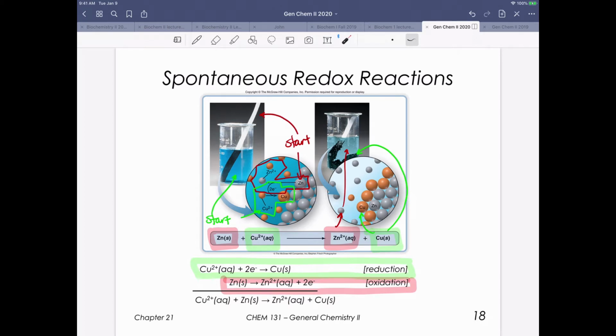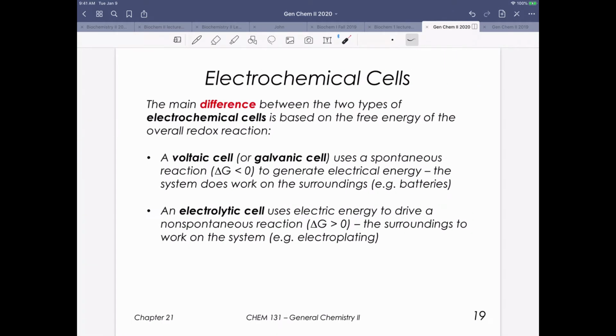However, if we wanted to run this reaction in the reverse direction, for example, to make elemental zinc by taking copper and forcing it to give up its electrons, we'd actually need to put energy into that system. That's what we call an electrolytic cell. We're not going to do too much with these cells. We will talk about them a little bit qualitatively, but these are non-spontaneous reactions, so we need to put energy in.